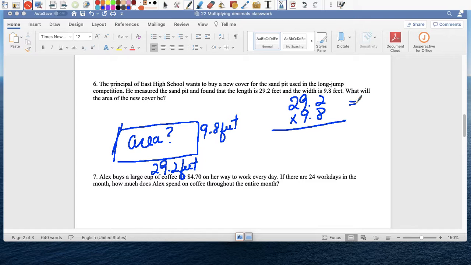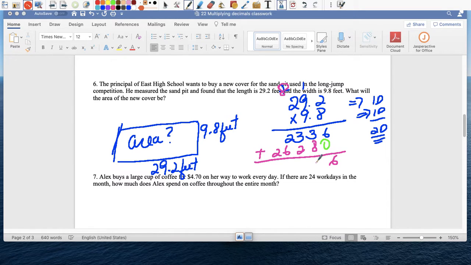1 decimal place. This one has 1 decimal place, so 2 decimal places. 8 times 2 is 16, carry 1. 72, 73, carry 7. 8 times 2 is 16 again, plus 7 is 23. We add a 0. And let's do the 9. 9 times 2 is 18, carry 1. 9 times 9 is 81, plus 1 is 82, carry the 8. 9 times 2 is 18, 18 plus 8 is 26.